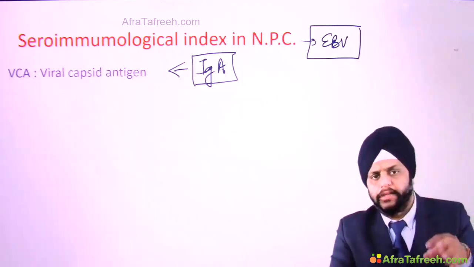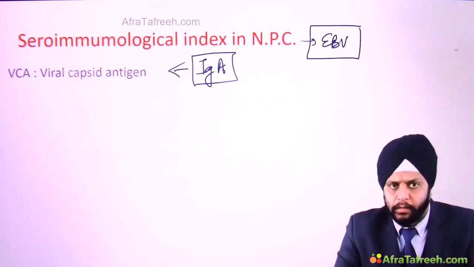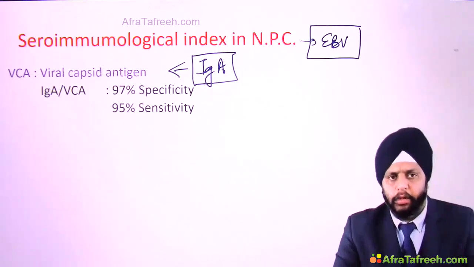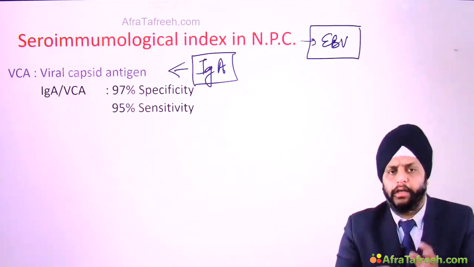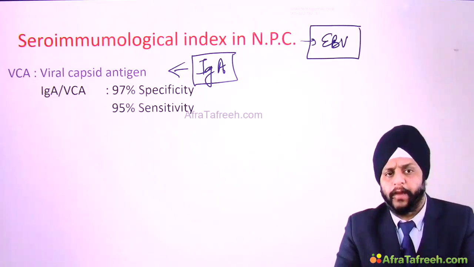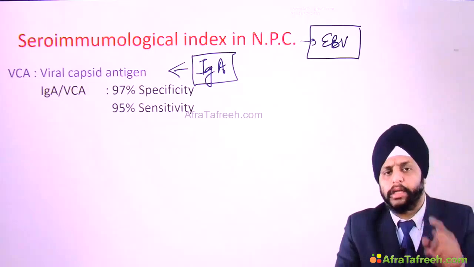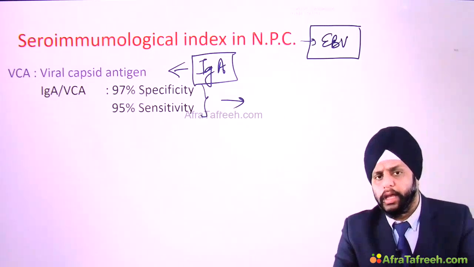So there is an IgA antibody produced for the viral capsid antigen, VCA. If you detect IgA to VCA, it has 97% specificity and 95% sensitivity to detect the NPC.